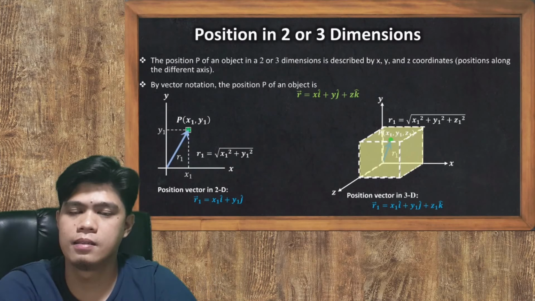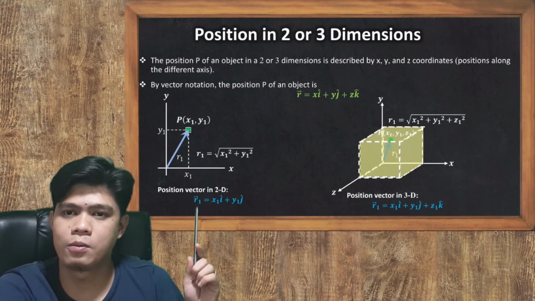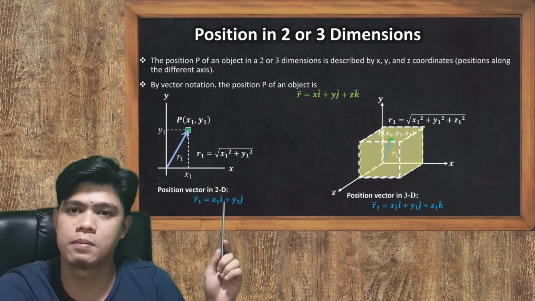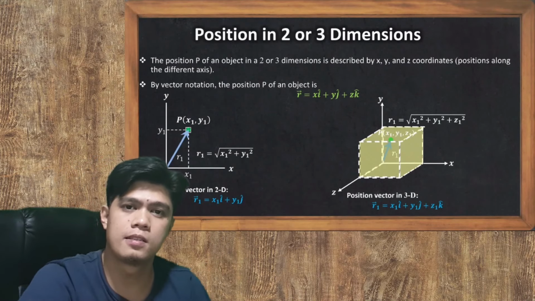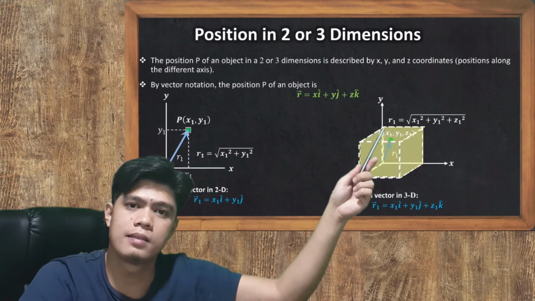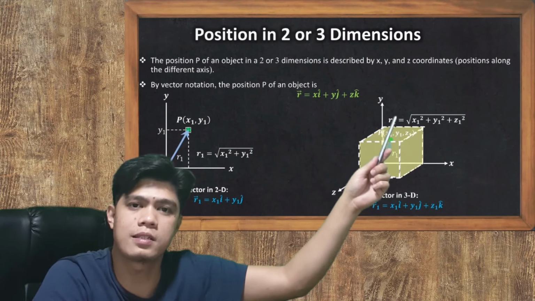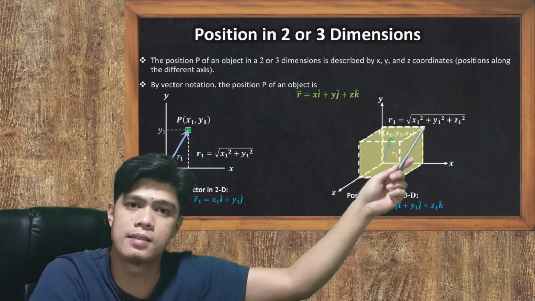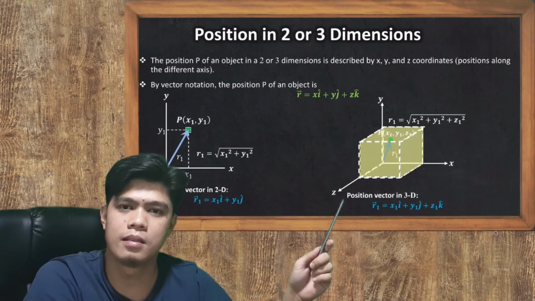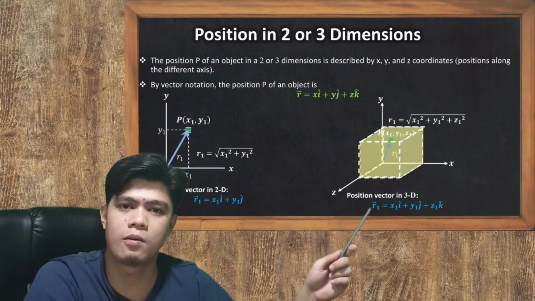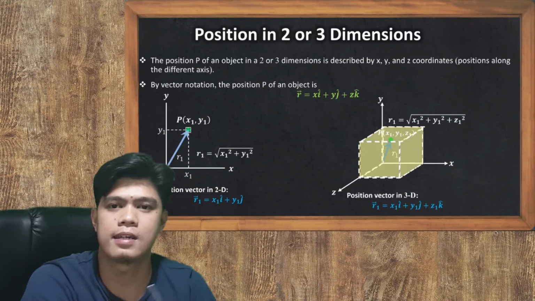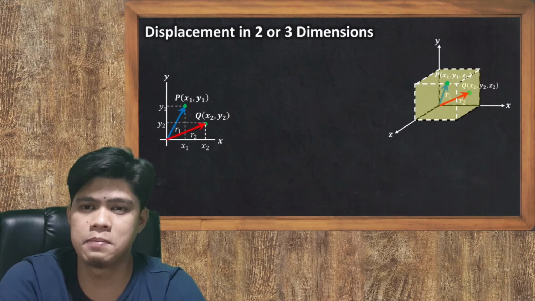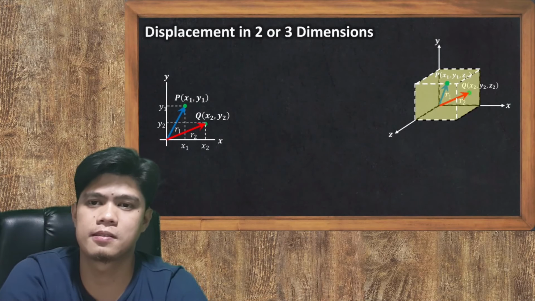In vector notation, our position vector is r1 equals x1 i hat plus y1 j hat. In 3 dimensions, the magnitude of r1 is equal to the square root of x1 squared plus y1 squared plus z1 squared. The position vector in 3 dimensions is r1 equals x1 i hat plus y1 j hat plus z1 k hat.